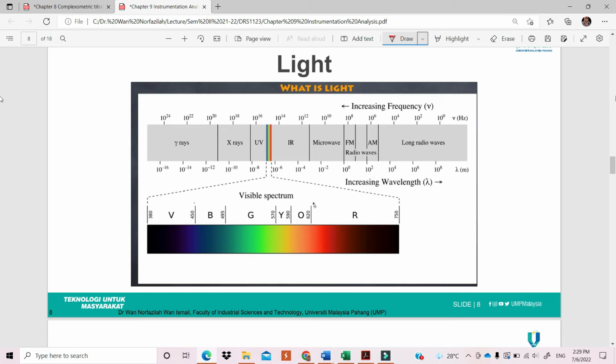We have UV, ultraviolet. We have the visible spectrum. Nama dia visible sebab kita boleh tengok dengan mata kasar. We have infrared. We have microwave. We have radio wave, whether it is FM or AM. And then we have long radio wave. So these are lights.